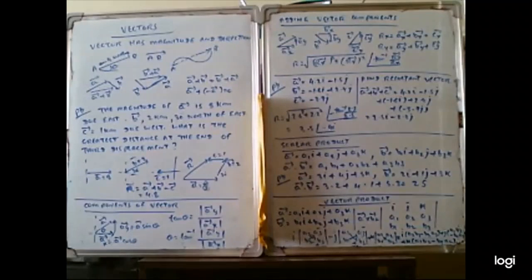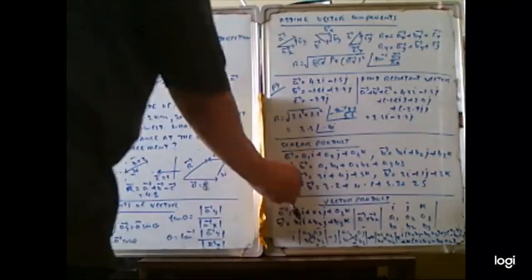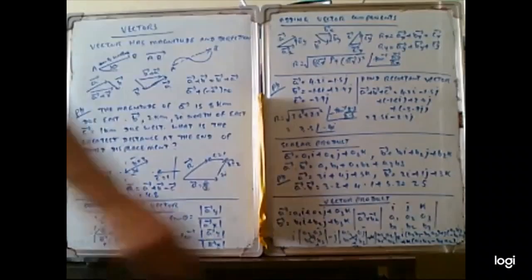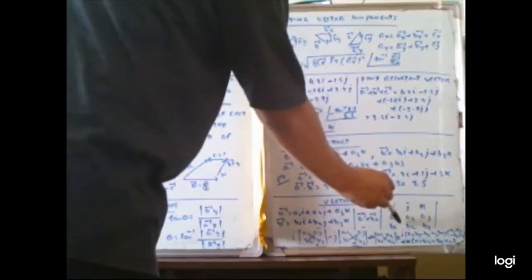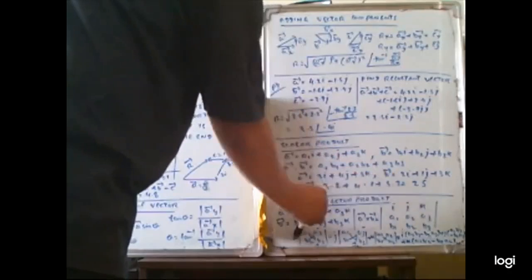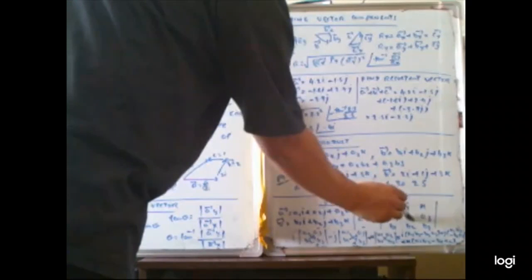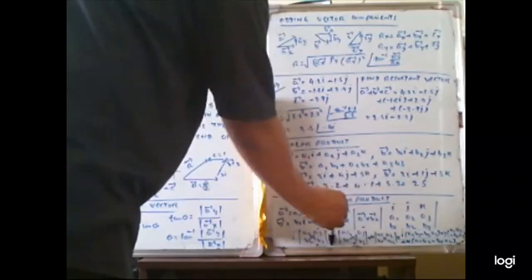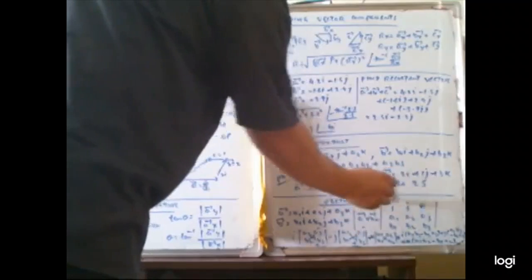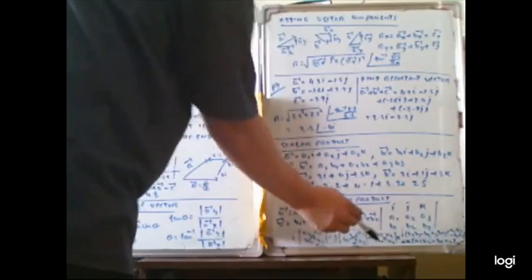Another one is the vector product. So vector A is A1 i plus A2 j plus A3 k. Vector B is B1 i plus B2 j plus B3 k. So for A cross B, we have to write down the matrix i, j, k here, then A1, A2, A3, B1, B2, B3. The first thing, you take i, and the whole column and the whole row are forgotten. Write A2, B2, A3, B3. And also this is minus j, so the whole column and row are forgotten. Write down A1, B1, A3, B3.